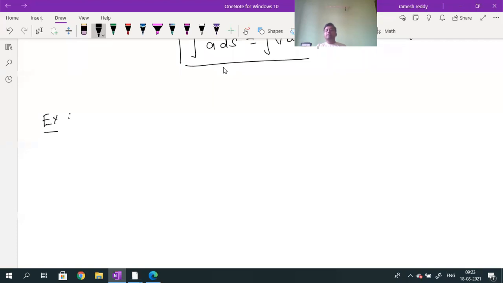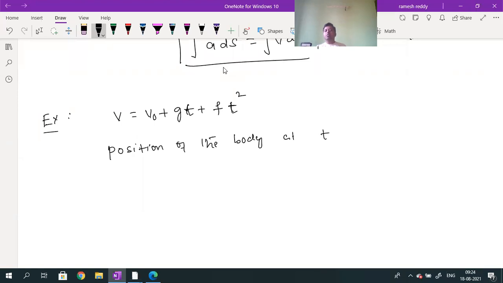The velocity of a body is given by v is equal to v naught plus g into t plus f into t square. The body's velocity varies with time.